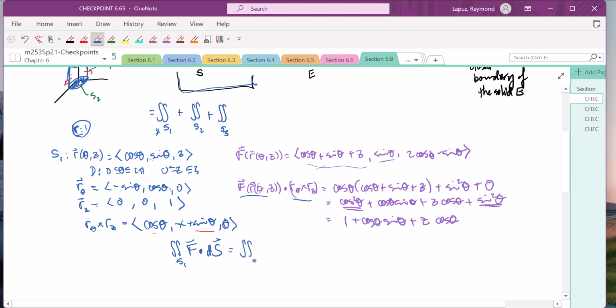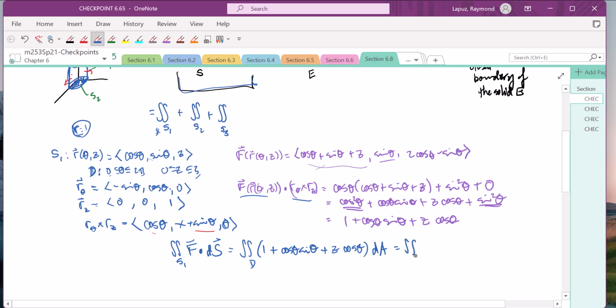So this is a double integral over D, and this is our D, remember, our domain, and this will equal to 1 plus cosine theta sine theta plus z cosine theta dA. dA is going to be dz d theta or d theta dz, whatever order we want. And it looks like both limits are constants all the way around, so it's not going to matter which one we do first.